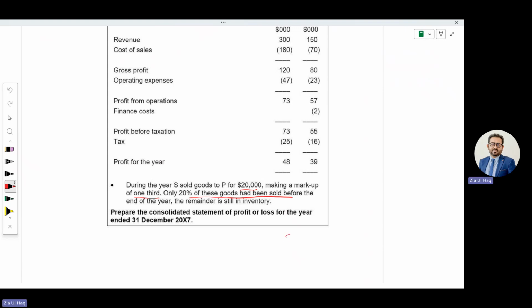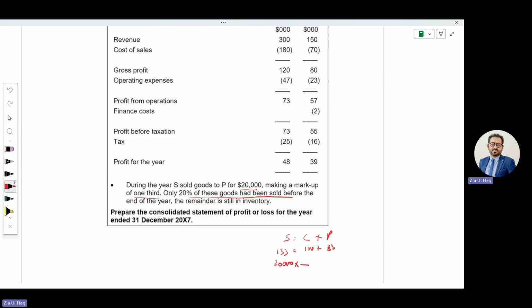If the sale value is 20,000, sale is equal to cost plus profit. How much is the markup? Markup is 1/3, which means 33%. So this is 100 and this is 33, so this is 133 and we have this 20,000.